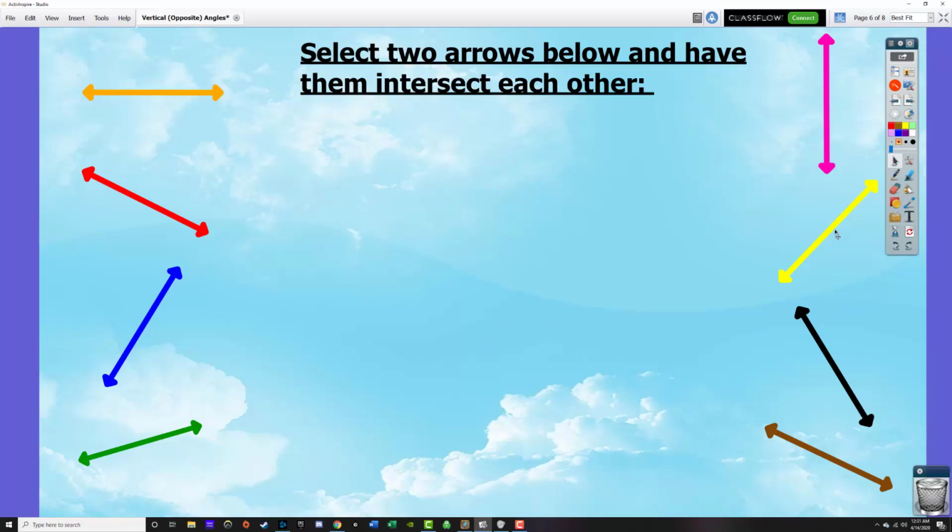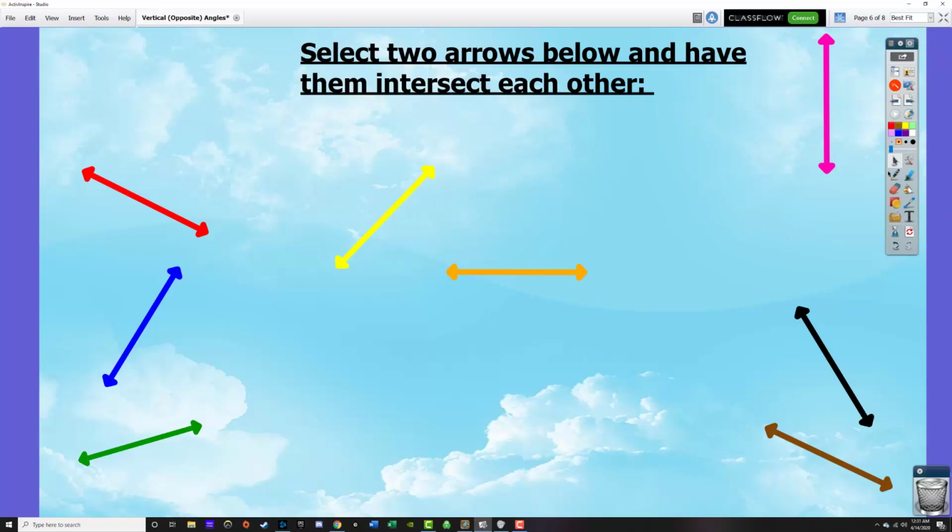Let's pick two at random. Let's pick yellow, and we'll pick orange. We can have them intersect basically anywhere, but to get the best view of things, have them intersect there in the middle.